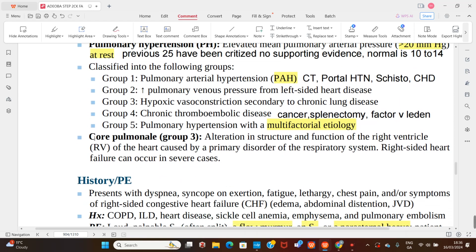And it's important for us to know the phenomenon of cor pulmonale, which is very, very classic for group 3, when there's a problem with the lung tissue leading to hypoxic vasoconstriction.